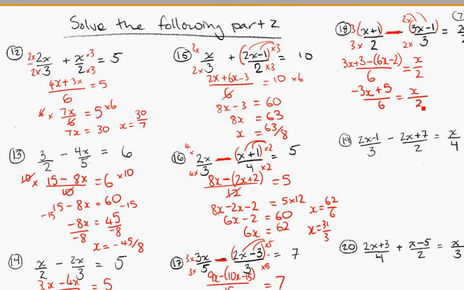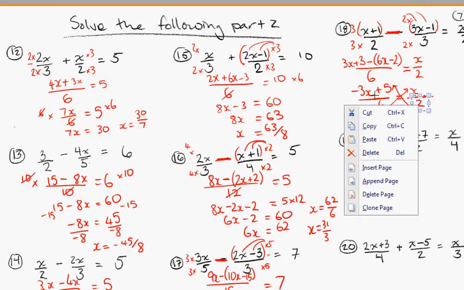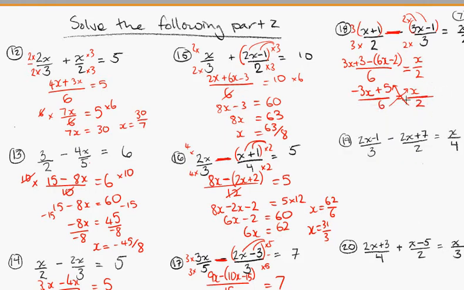And what we're going to do this time, when you have one fraction equaling another fraction, just going to do a little bit of cross multiplying, which is the same as multiplying both sides by 2 to get rid of that 2, and multiplying both sides by 6 to get rid of that 6 as well. So multiplying this side by 2 equals 6x.